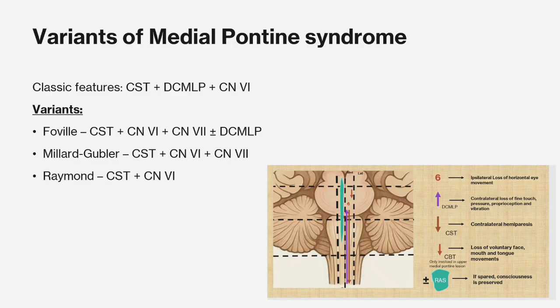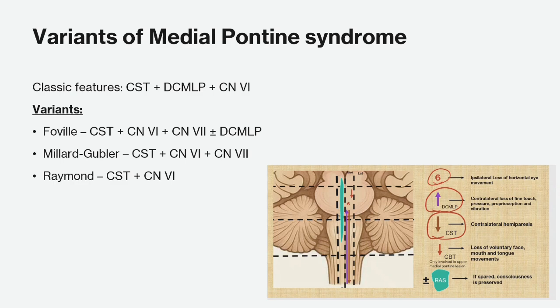Now there are 3 different variants of medial Pontine syndrome. In medial Pontine syndrome, the classic features that we should have are involvement of the 6th cranial nerve nucleus, then the dorsal column medial lemniscal pathway, and then the corticospinal tract. But in some of its variants, not all of these tracts might be involved.